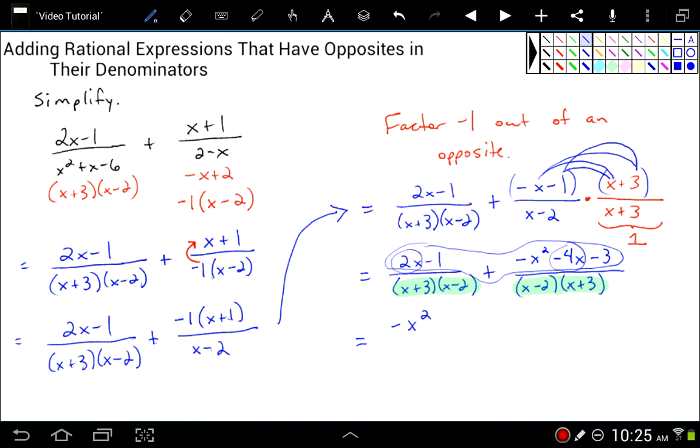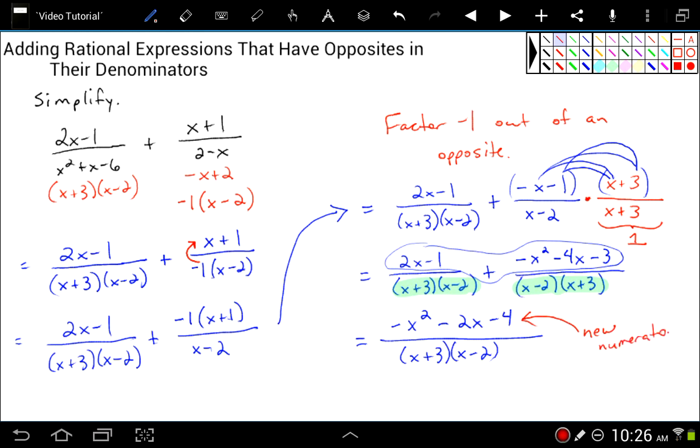That's negative 2x when I add those together. And finally I have negative 1 minus 3, which is negative 4. And that's my new numerator in descending order. My denominator is the same, because that was my common denominator. At this point, I've combined my numerators to get this new numerator.